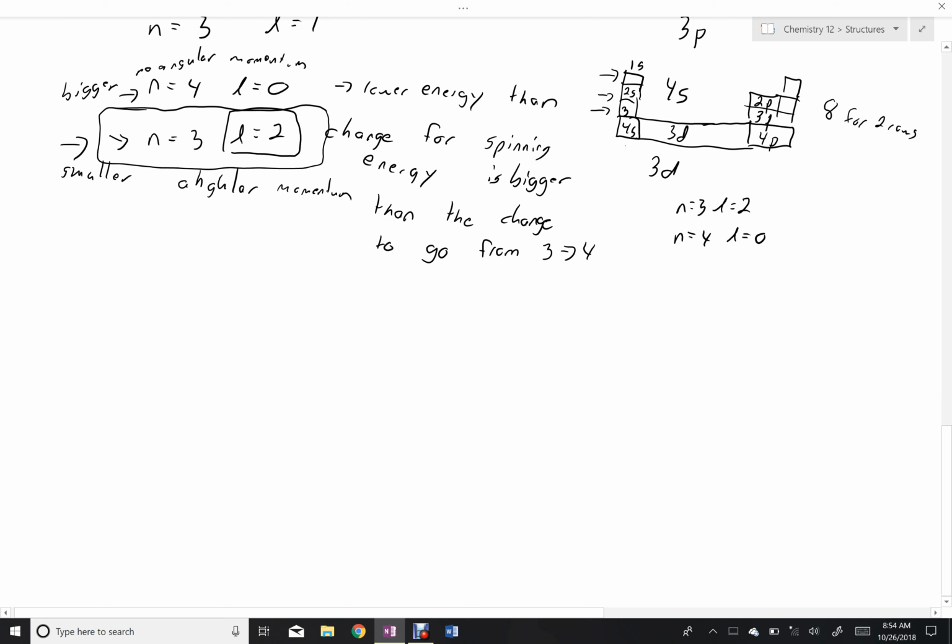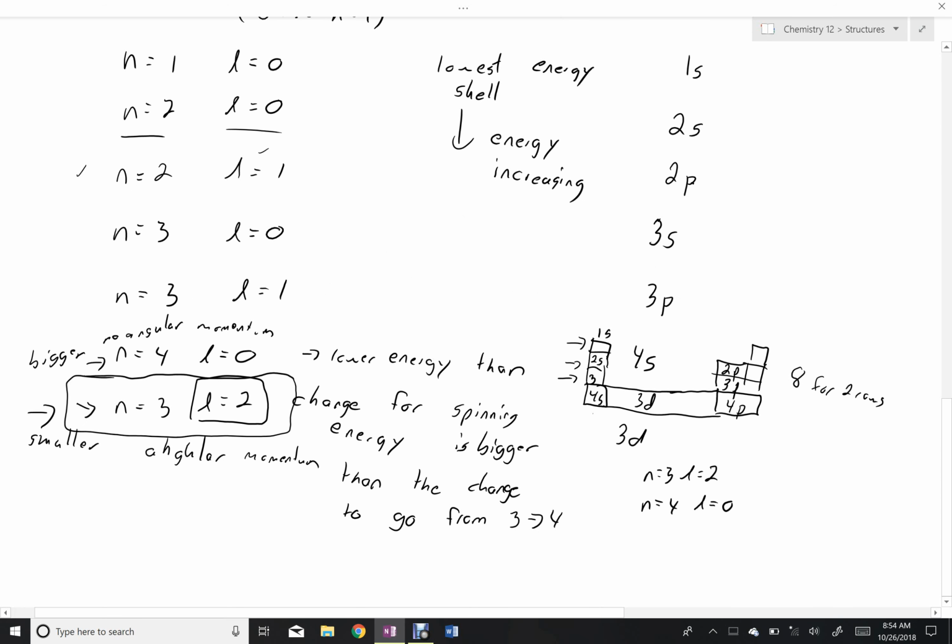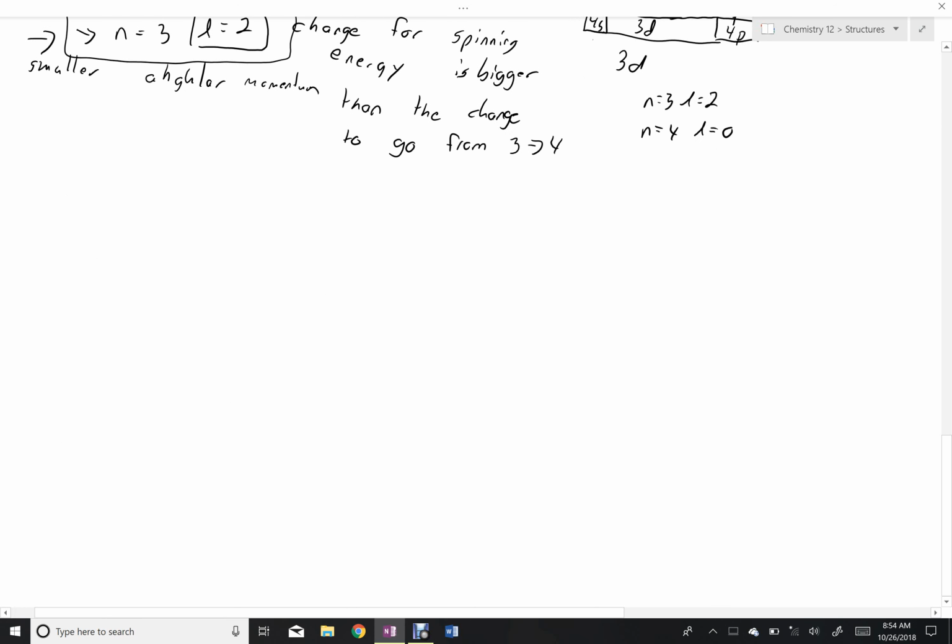There's a trick then, instead of going through every single one of these and figuring out exactly how they're going to fill, there's a trick we use, and we use this notation when we're using this trick, to know the order of energy, or the order in which electrons fill when they're filling these orbitals.